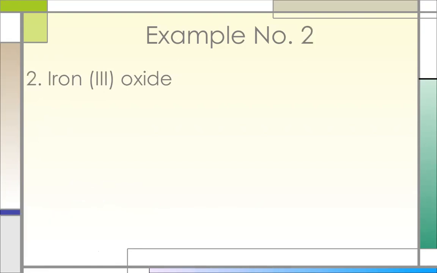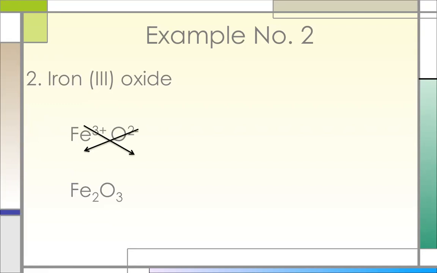Number 2, iron(III) oxide. You have Fe3+ for your iron(III). The numeral 3 represents the charge, 3 positive. Then the oxide is 2 negative. Crisscross, then you get Fe sub 2, O sub 3.